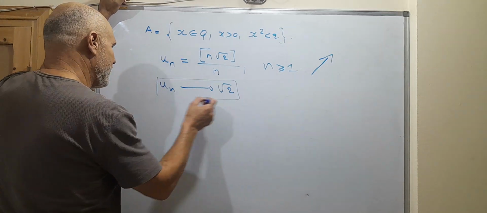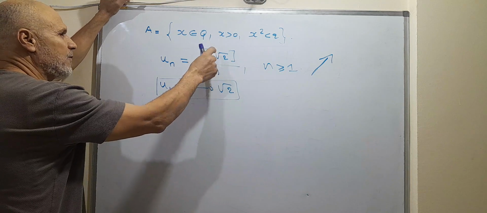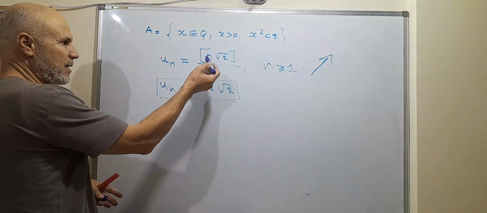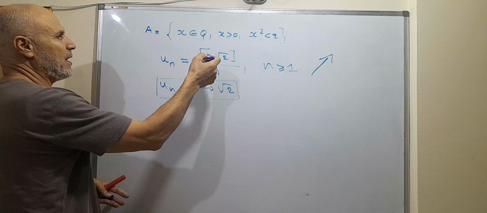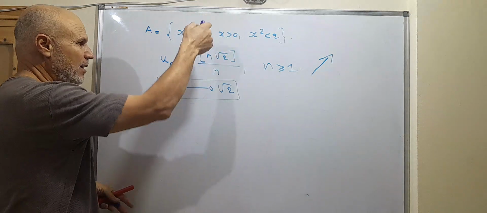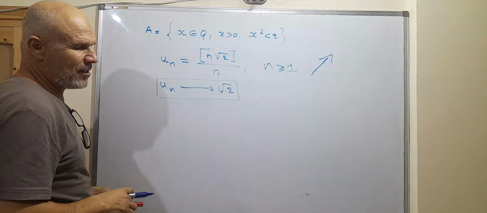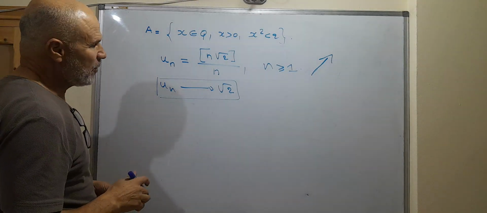This is very easy. We can use just the characterization of the integer part of a real number. The square root is a real number, but if we take the integer part, it will be in Q. This is the second method, a very short answer.